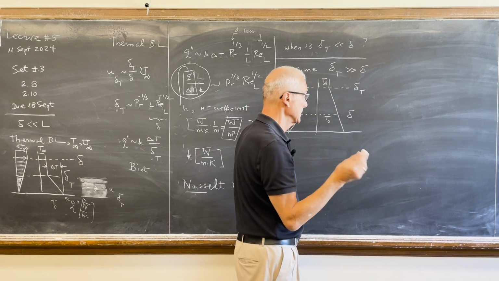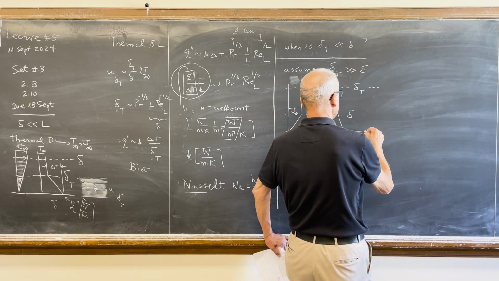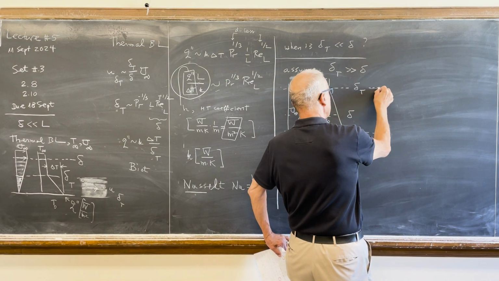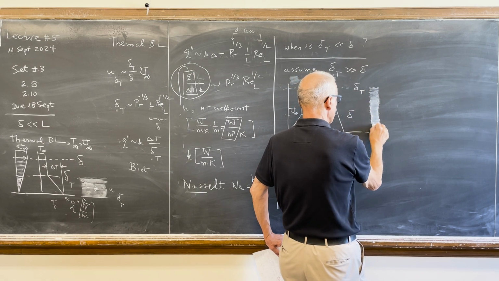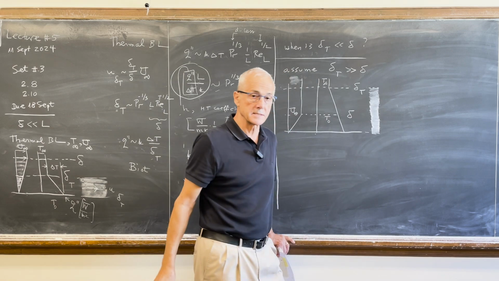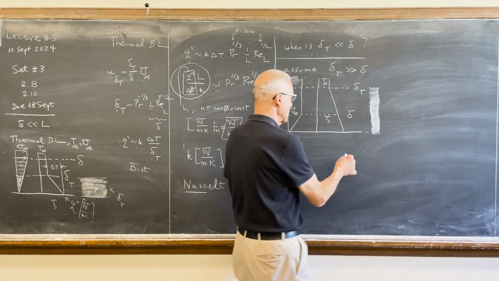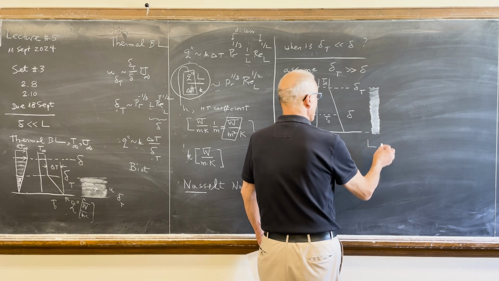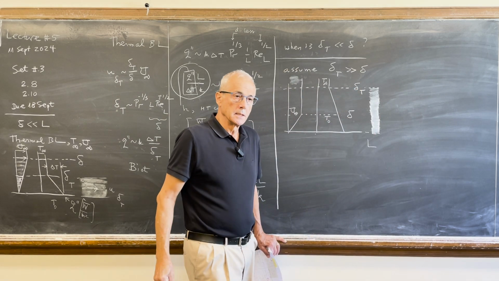And important, and that's why I repeat, the system that you contemplate is a fluid layer of thickness delta sub t and length L. So at location L, you have this thermal boundary layer.